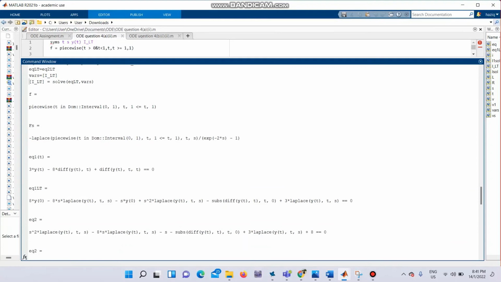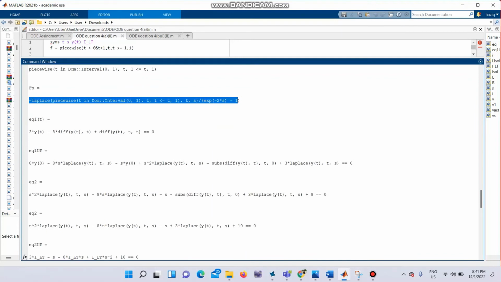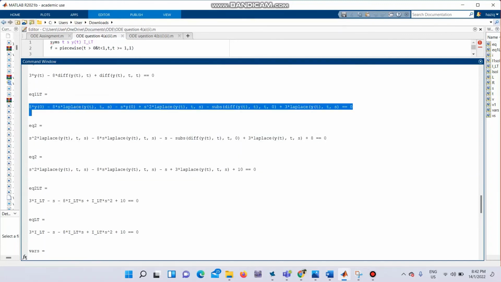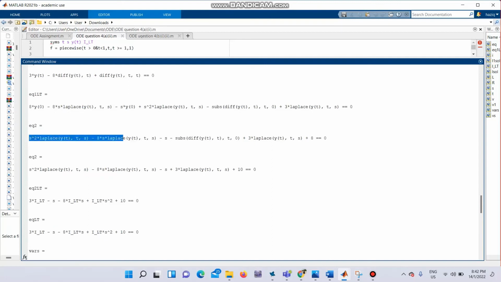And this is the output for F(s), and also this is the output for the equation, which is 3 multiplied by y(t) minus 8 multiplied by the derivative of y(t) plus the second derivative of y(t) equal to 0. And this is the output for equation 1 lt, and this is the output for equation 2.